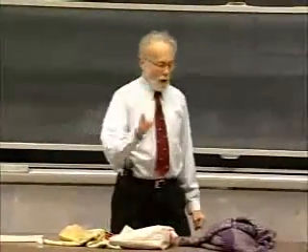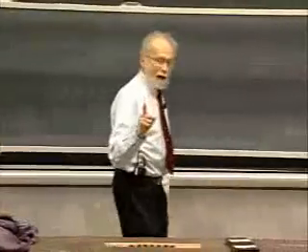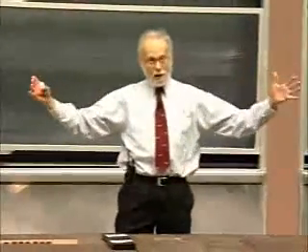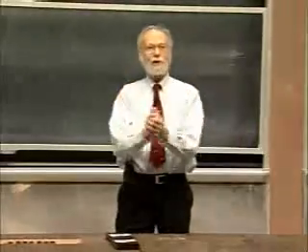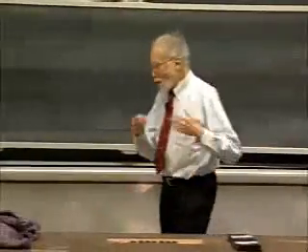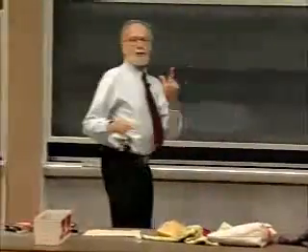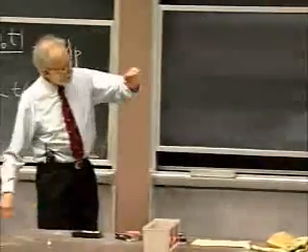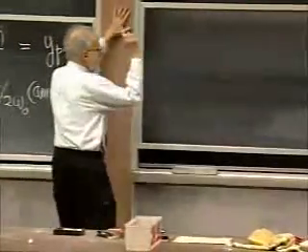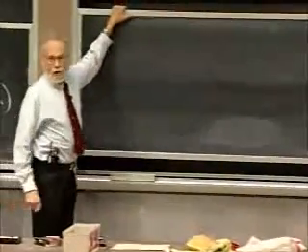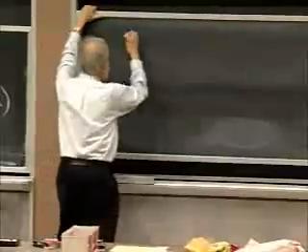Any solution whatsoever of the differential equation, the inhomogeneous equation, is a particular solution. It's like Fred Rogers, everybody's special. So all solutions are special. We don't have to use that one. So where are all the other solutions?